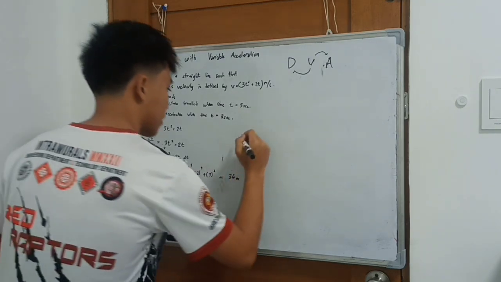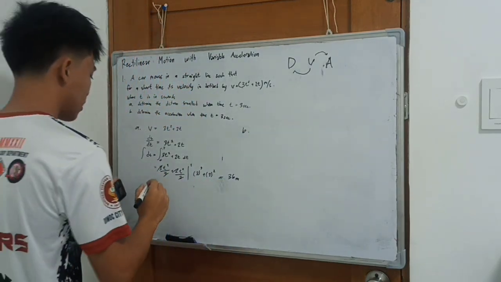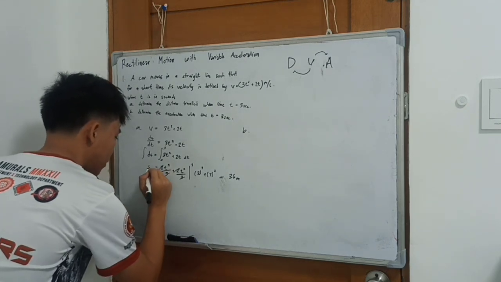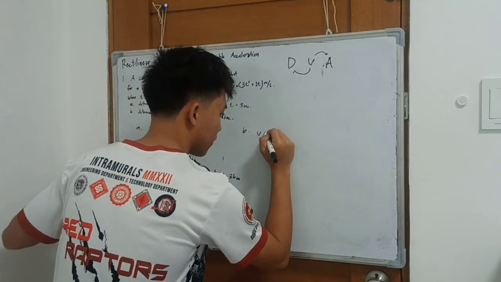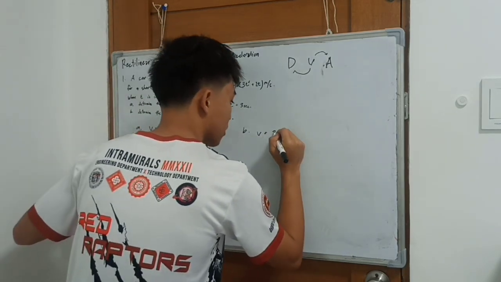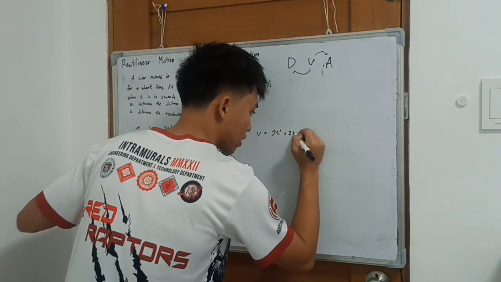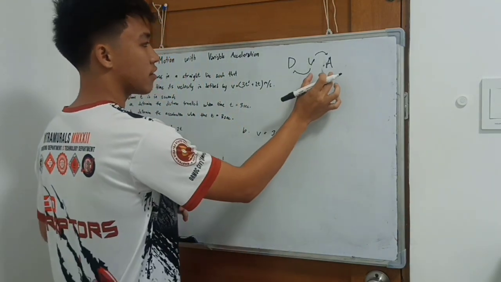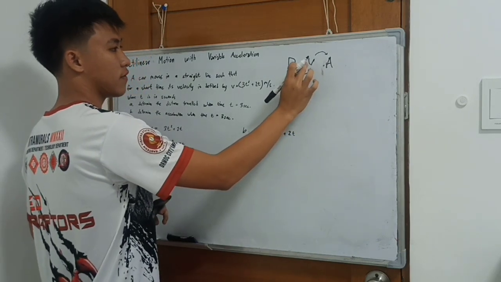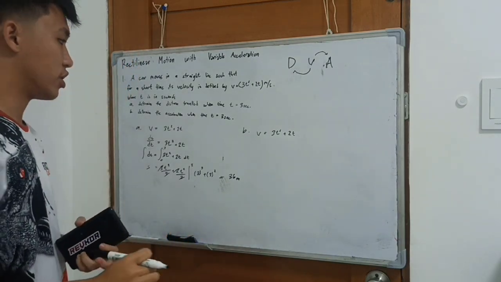And B, we need to get the acceleration. Starting with the velocity function, 3t squared plus 2t, we can get the acceleration by deriving the velocity function.